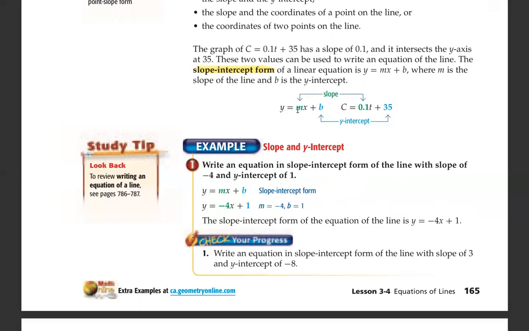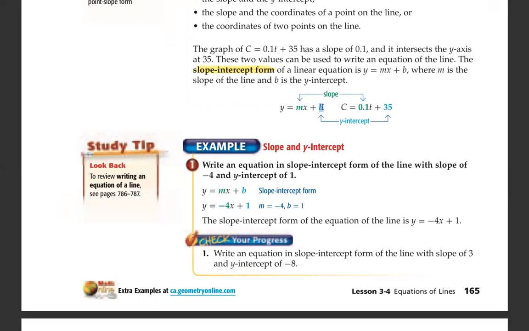So this is the easiest one to do. Once you're given the slope and the y-intercept, all you need to do is replace the m with the given value of the slope and b with the given value of the y-intercept.